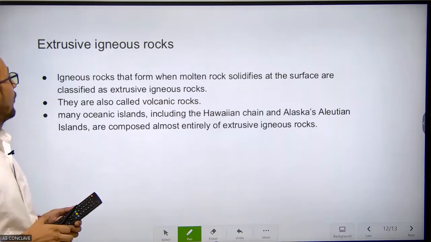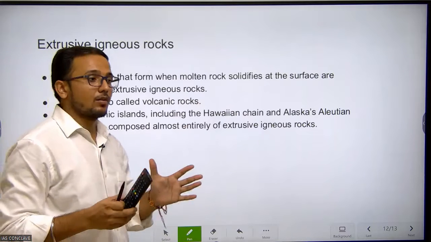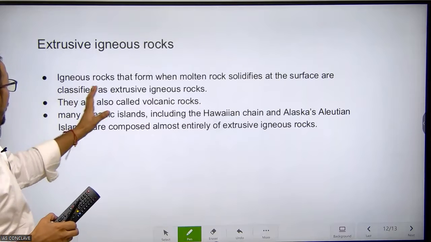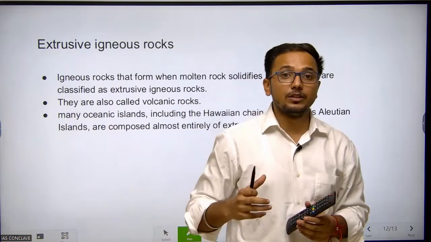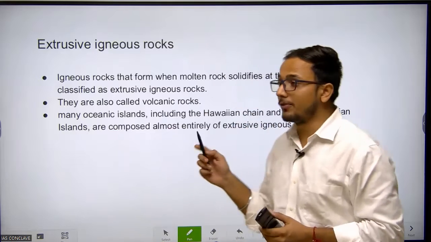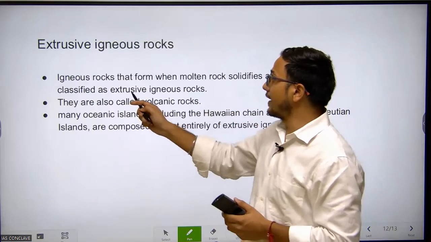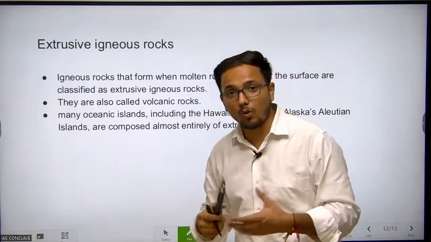Now look at what extrusive igneous rocks are. Igneous rocks that form when molten rocks solidify at the surface. When molten rocks solidify at the surface, they are classified as extrusive igneous rock.